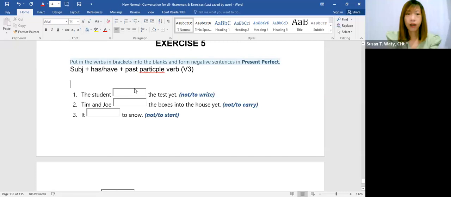Now, number 1, I'll give you guys the example for number 1. The student have not written the test yet. Now, the student, sorry, is the student has. The student has not written the task yet. Now the subject here is single.